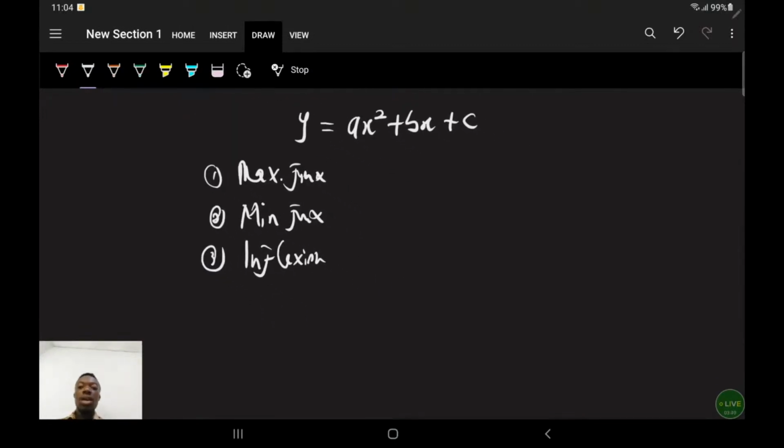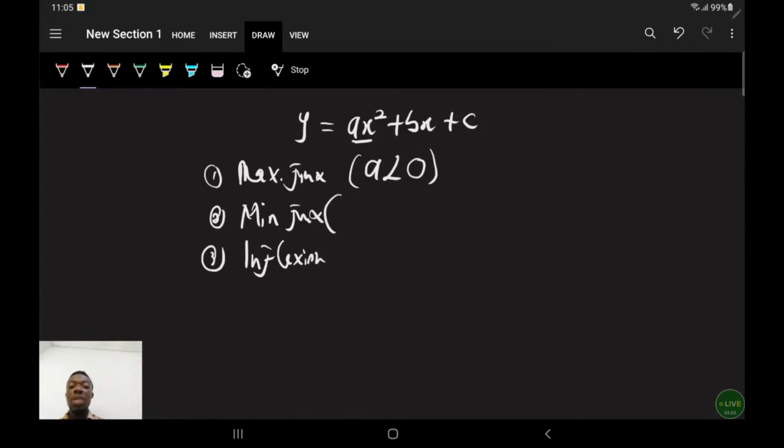For you to have a maximum function or maximum curve, the coefficient of x squared, which is a, should be less than 0.